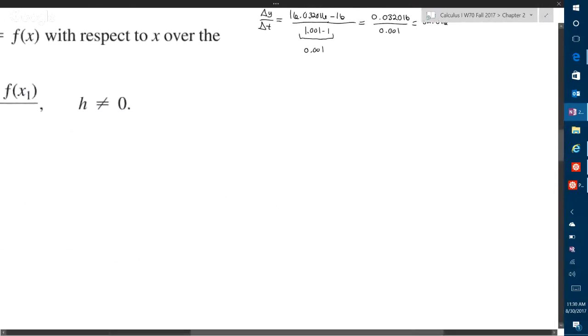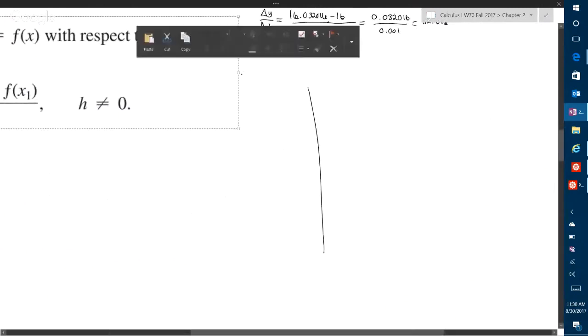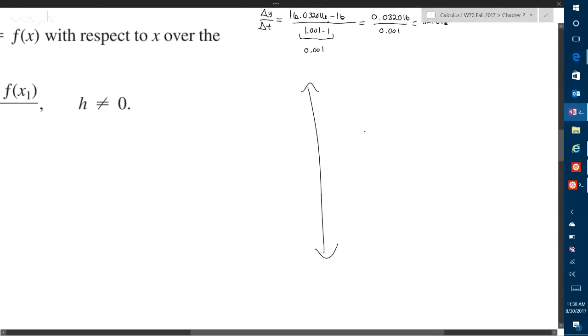So I promise this one won't take as long as the other ones. Okay, so suppose we have x1, x2 here along the x-axis. This is the y-axis. I have some type of curve, some type of general curve.